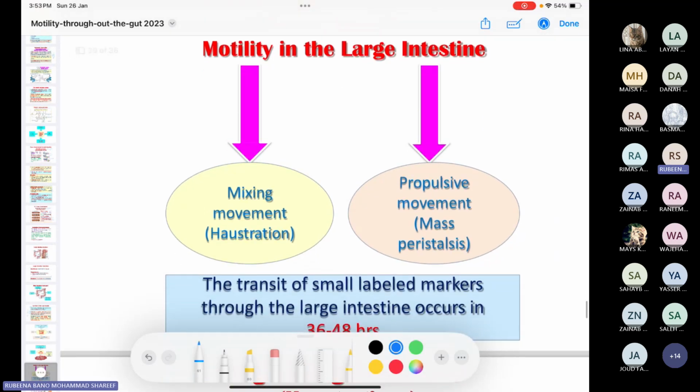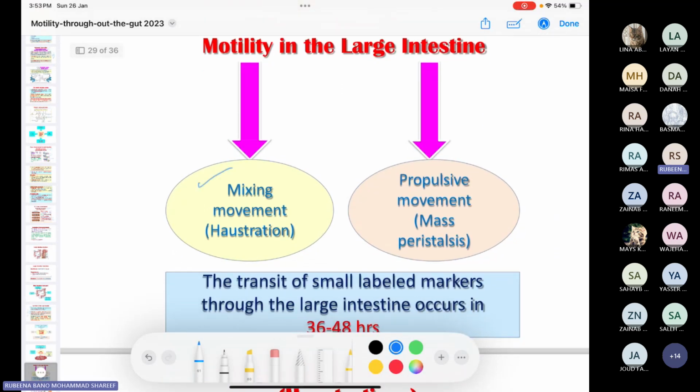Motility in the large intestine: there are two movements. The mixing movement is called haustration. Please do remember this name. And the propulsive movement is called mass peristalsis. Propulsive movement means peristalsis, and when it occurs in the large intestine, it is called mass peristalsis.